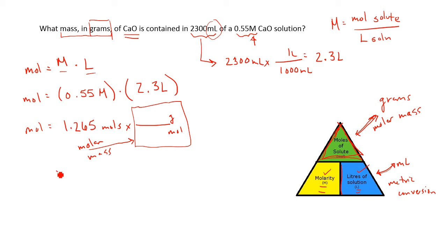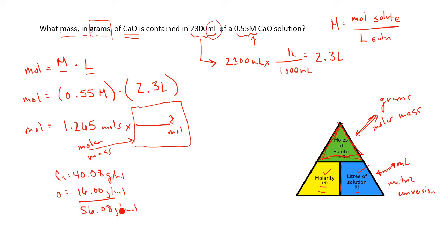So calcium is 40.08 grams. Oh, wait, maybe it's 1. Where's my periodic table? Nope, 40.08 grams per mole, plus oxygen, which is 16 grams per mole. Add that up, and you get 56.08 grams per mole.